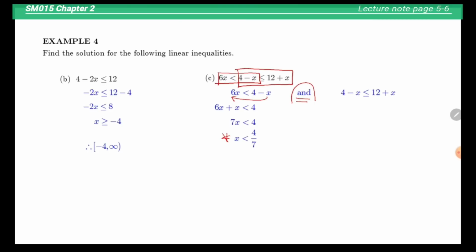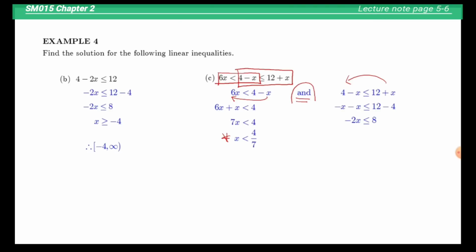Now we want to solve for the right hand side. For the right hand side, we have 4 minus x less than or equal to 12 plus x. Now we want to combine the x to be on one side and all the numbers on the other side. So we have here negative x minus x less than or equal to 12 minus 4, so that negative 2x is less than or equal to 8.